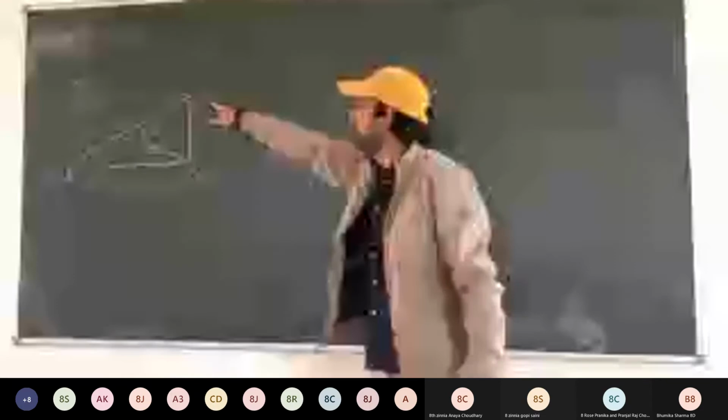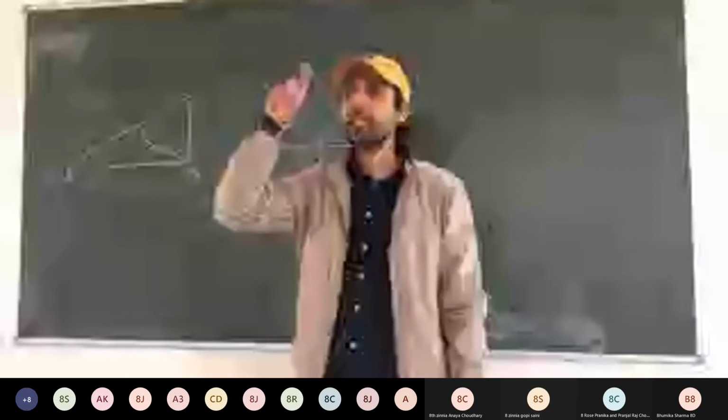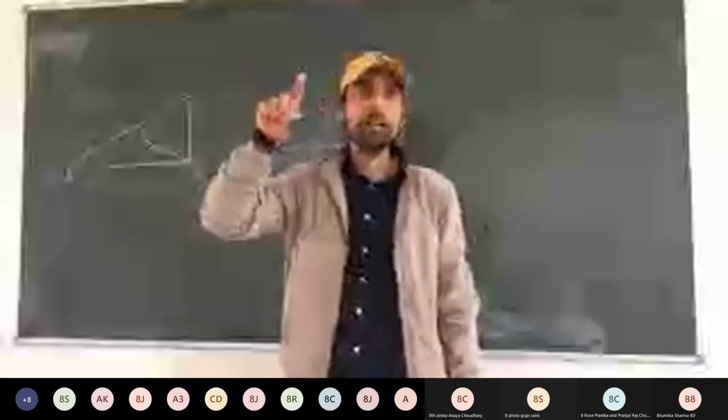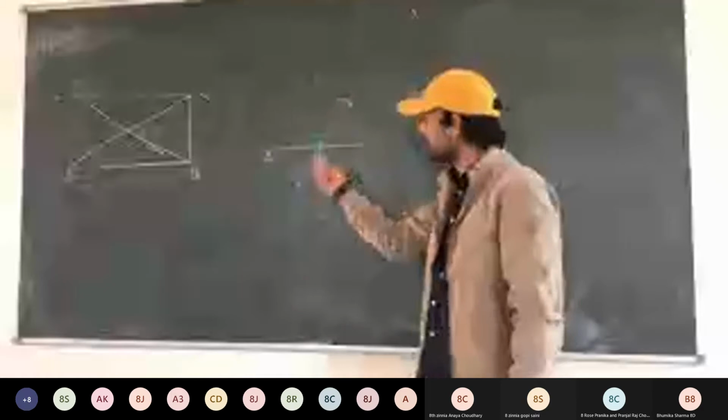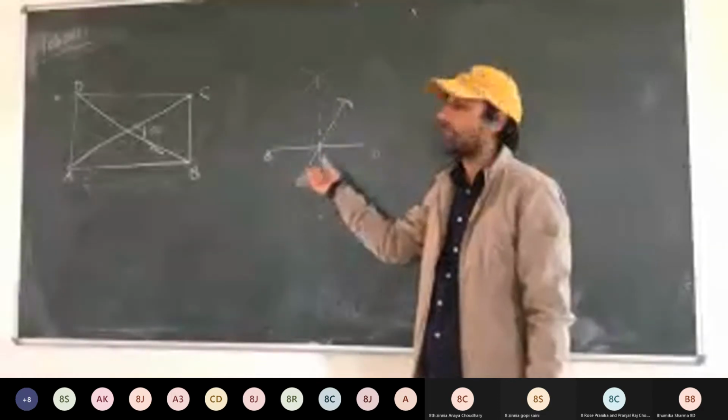Now see here, C will be lying somewhere on this line, and how far from the midpoint? 3.5 centimeters. So take 3.5 centimeters in the compass and from this midpoint make an arc on both sides. 3.5 and 3.5, so a total length of 7 centimeters.